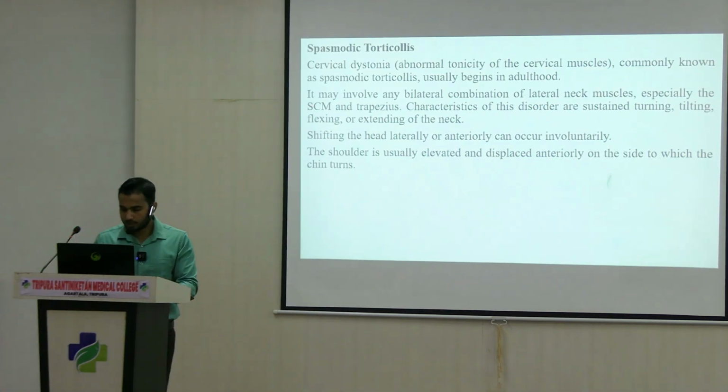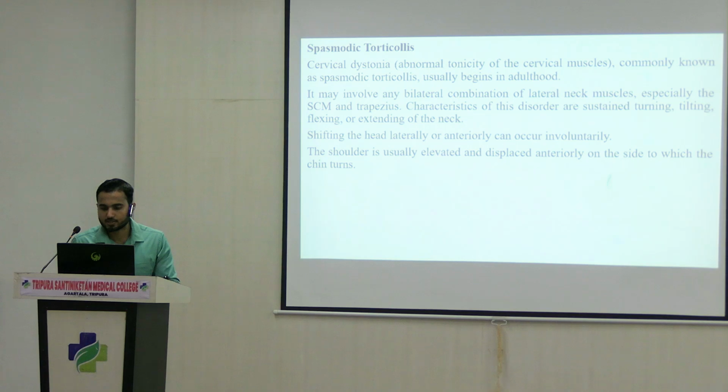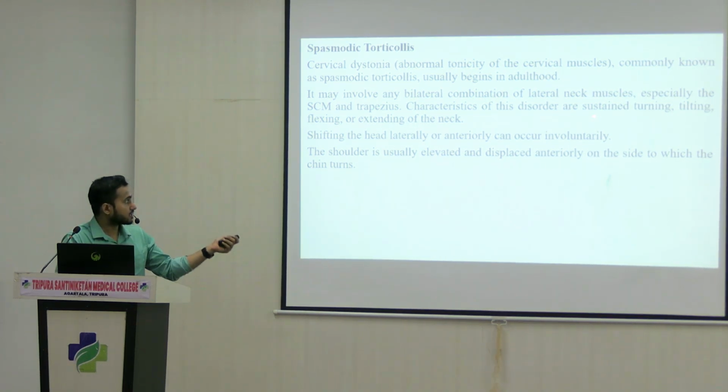Next, spasmodic torticollis. Spasmodic torticollis is mainly seen in adults. When spasmodic torticollis takes place, there will be a bilateral combination of lateral leg muscle spasm, especially the trapezius as well as the sternocleidomastoid. Now, what are the disorders? Disorders will be turning of the head, tilting, flexing, or extending of the neck.